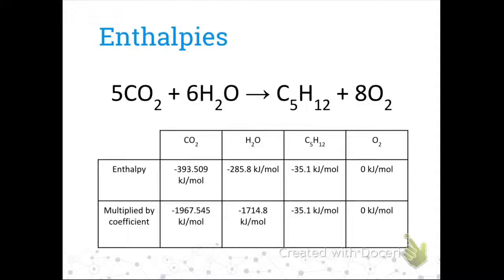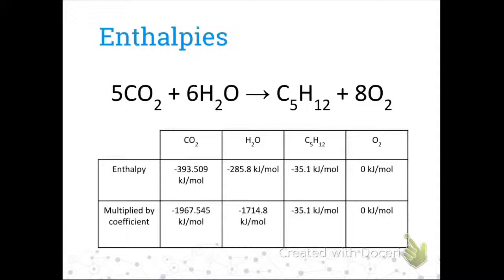Next, we must multiply each enthalpy by the coefficient that is in front of it in the balanced equation. First, we will multiply the enthalpy of carbon dioxide, which is negative 393.509, by 5 and get negative 1967.545 kilojoules per mole.